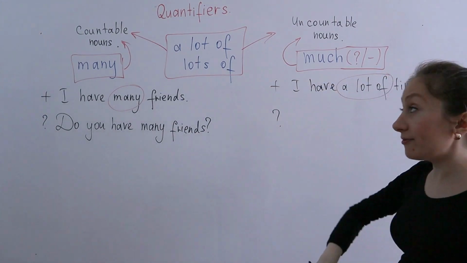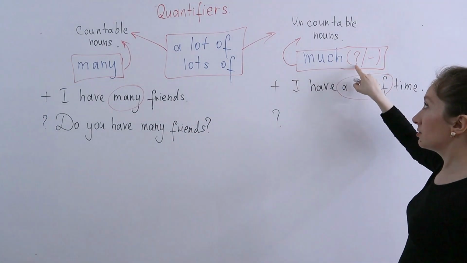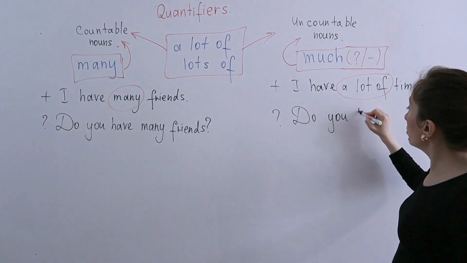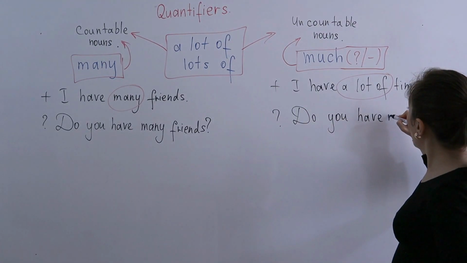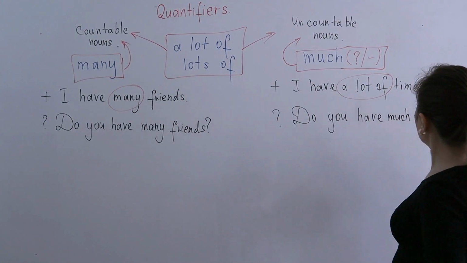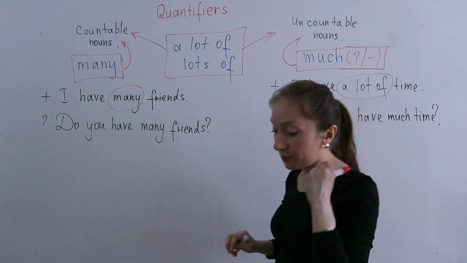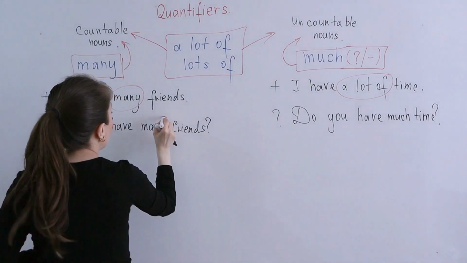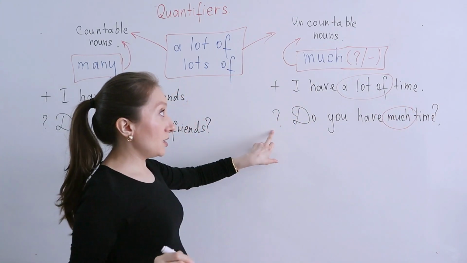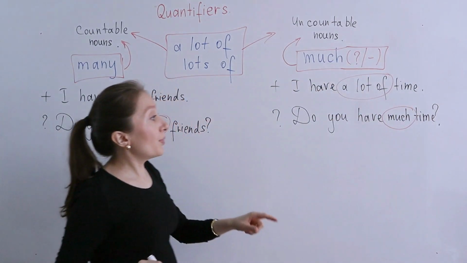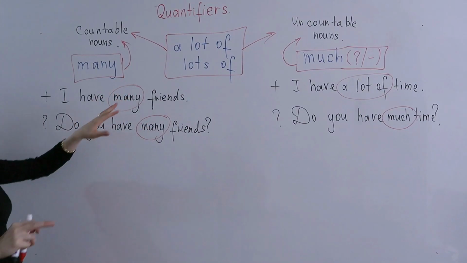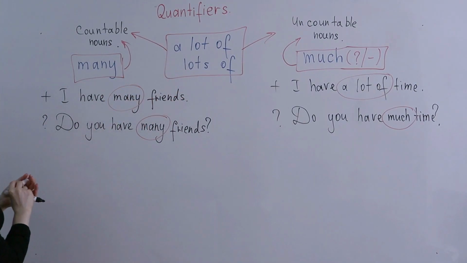Do you have much time? So, much, we can use much because it's a question, right? Plus, you can change it with a lot of. Questions can be used with a lot of, no problem.